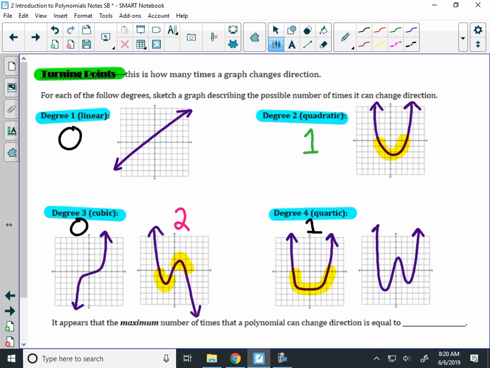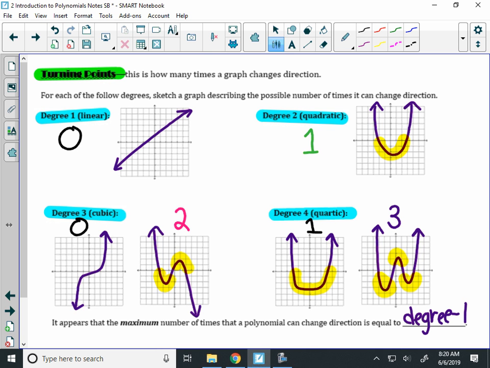They could kind of look like a W. Now that graph has 1, 2, 3 turns. So that quartic graph has 3 turns. So as I look at this, it looks like the most times that a polynomial can change direction is equal to the degree minus 1.